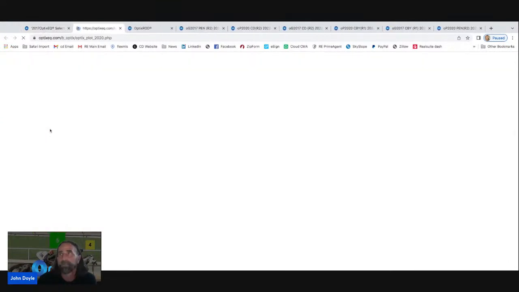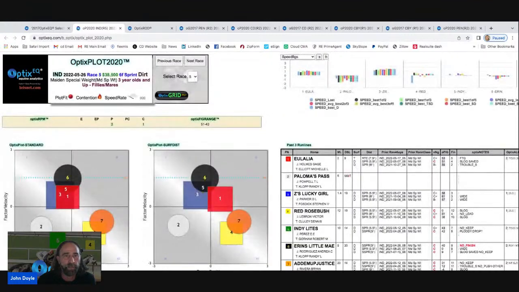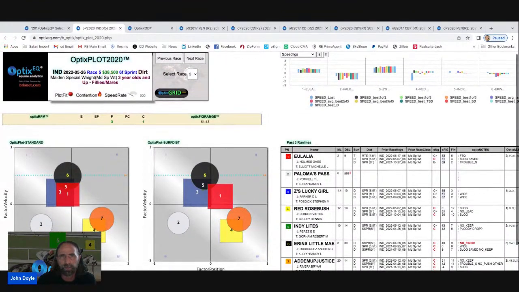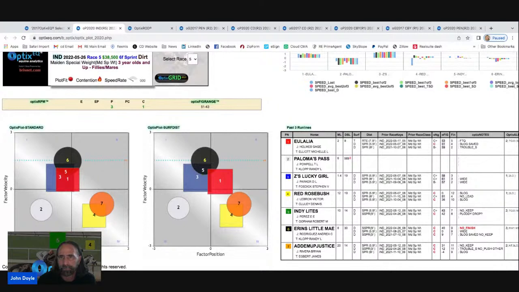So this is race 5. Got a big favorite, number 3. Yeah, he plots pretty well. The 1 plots okay too. This is a maiden special weight. Wow. Look, I get it.